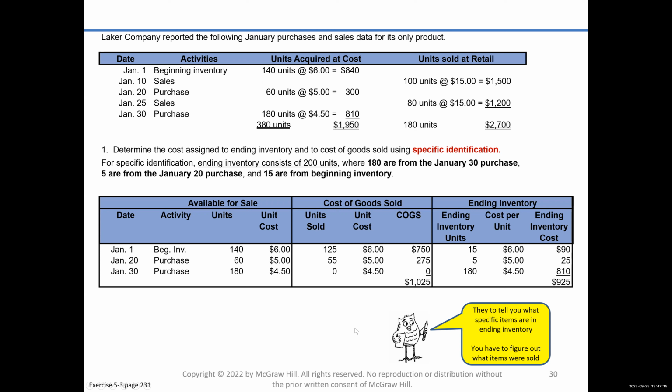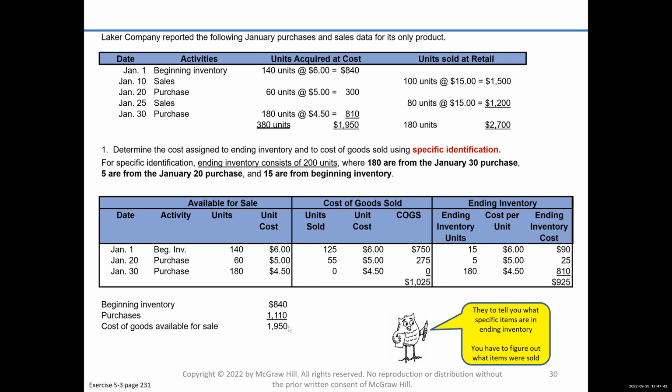Okay, so let's just go ahead and do what we all know. Beginning inventory was 840, plus purchases. What do we purchase? We purchased $300 here and $810 there. That would be $1,110. So beginning inventory plus purchases equals goods available, and that's 1,950.